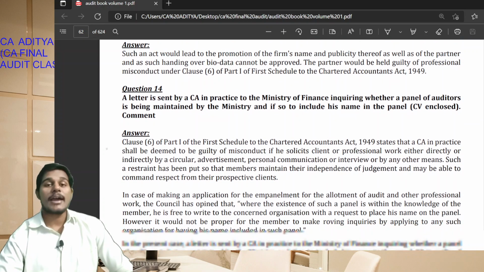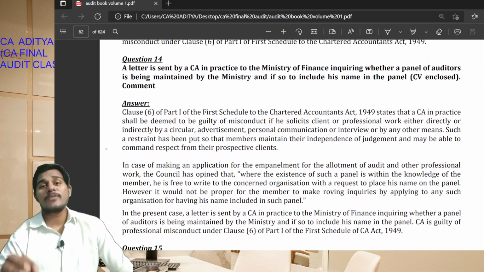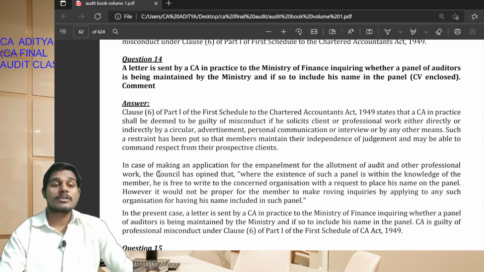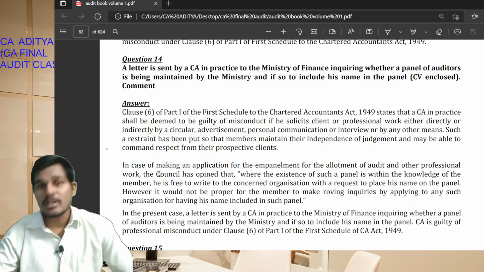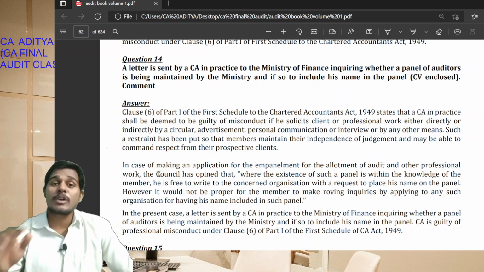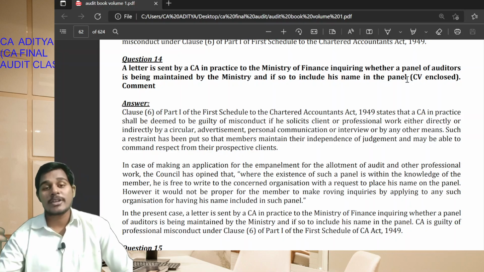Chartered Accountants Act. A letter is sent by a CA in practice to the Ministry of Finance inquiring whether a panel of auditors is being maintained, and if so, whether it includes his name. See students, a chartered accountant should already know whether there is an existence of a panel. You should not have any doubt whether there is an existence of a panel. Since in the present case, he did not know whether there is a panel of auditors and whether his name is to be included, he should have the knowledge that there is an existence of a panel.